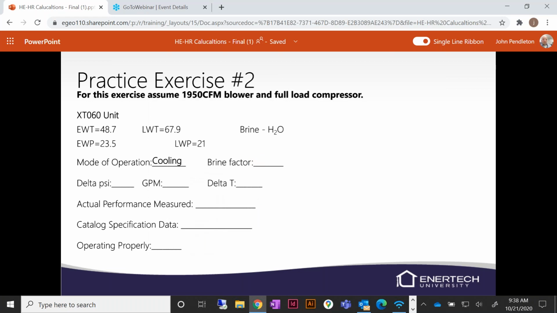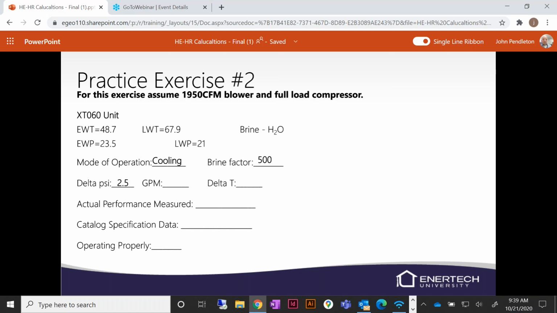So we're in cooling mode, and we're using straight water. So there is no brine, there is no antifreeze in the water. So the brine factor for straight water is 500. We had a 2.5 pound pressure drop.